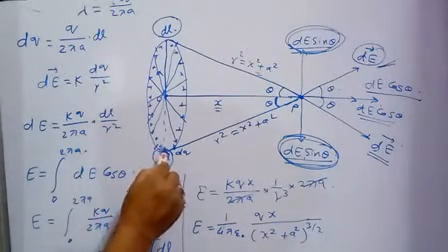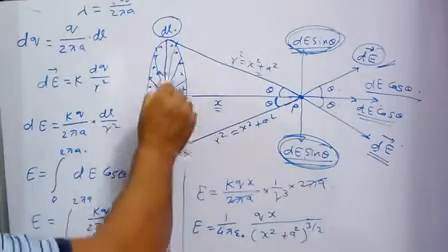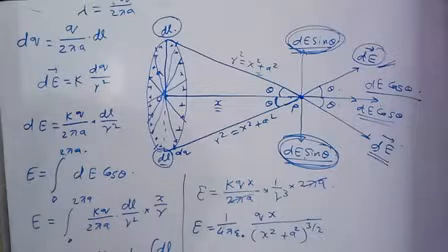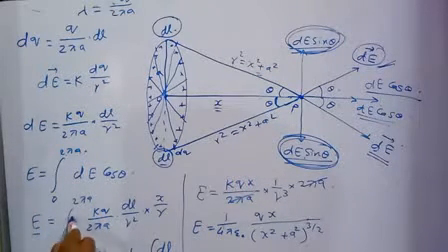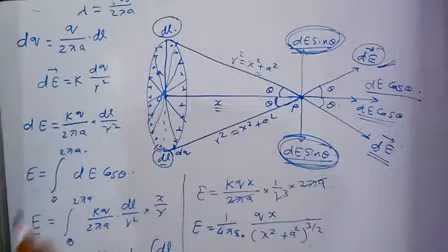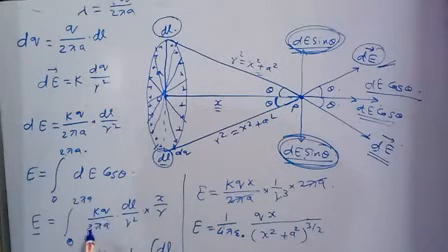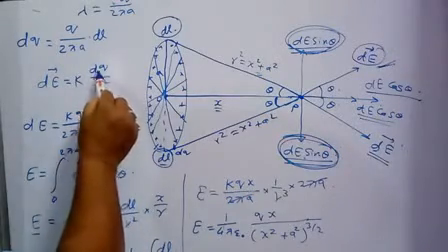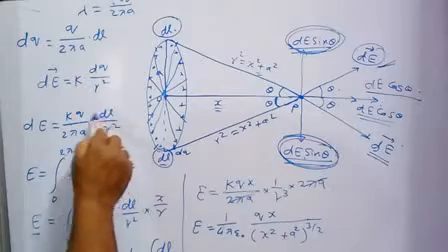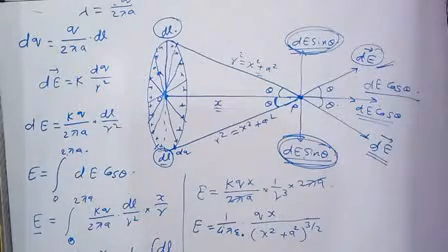The maximum length of this ring can be 2 pi a, where a is its radius. So E is going to be equal to integral 0 to 2 pi a of kq, k is electrostatic constant, divided by 2 pi a, dl divided by r square. Value of dq is this, kq dl by 2 pi a into r square.